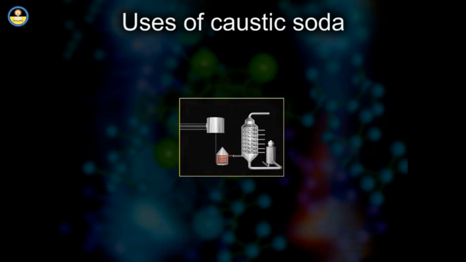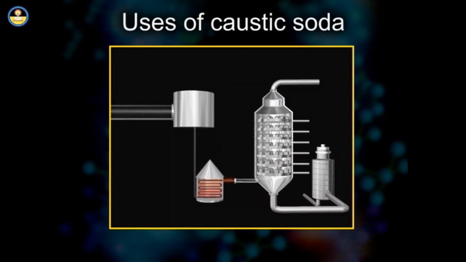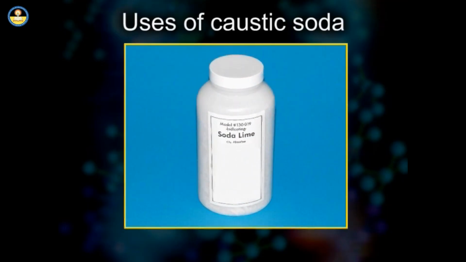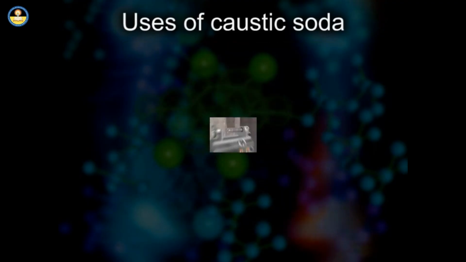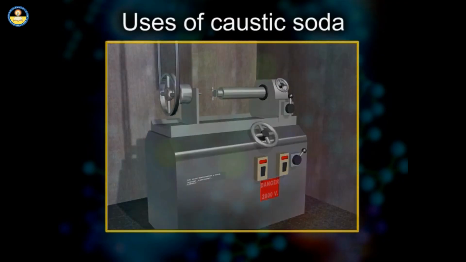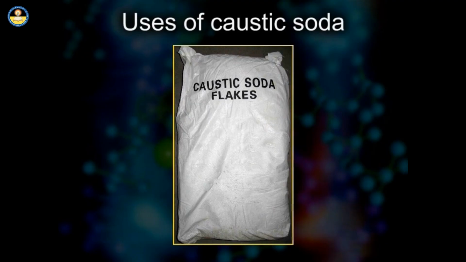In the refining of petroleum, in the preparation of soda lime, which is a mixture of NaOH and CaO. As a cleansing agent for machines and metal sheets. As a laboratory reagent.